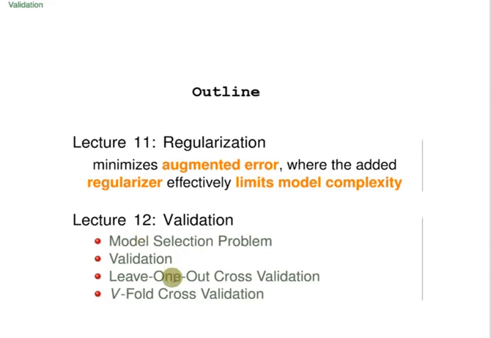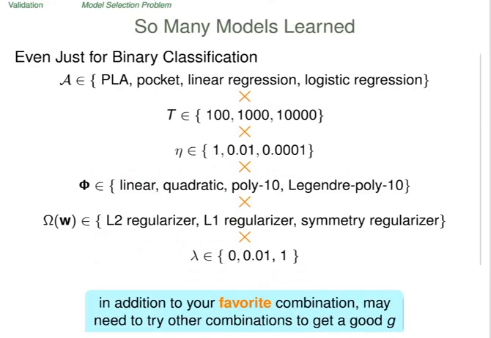This class is one of the most important ones that will allow you to select a model using techniques such as leave-one-out cross-validation or v-fold cross-validation. So far, we have covered many different models, such as the perceptron learning algorithm, the pocket perceptron learning algorithm, linear regression, and logistic regression.